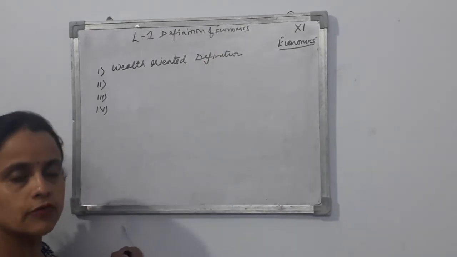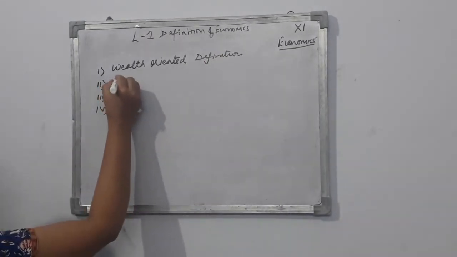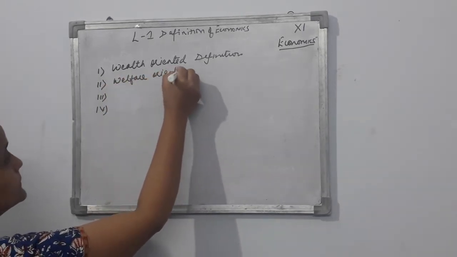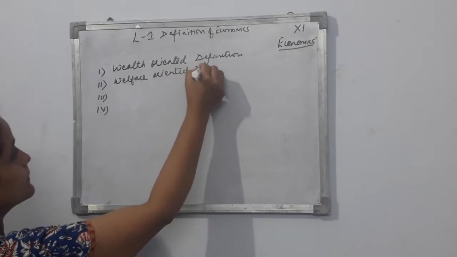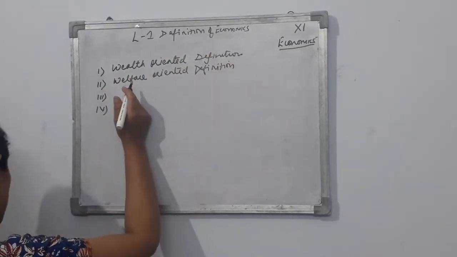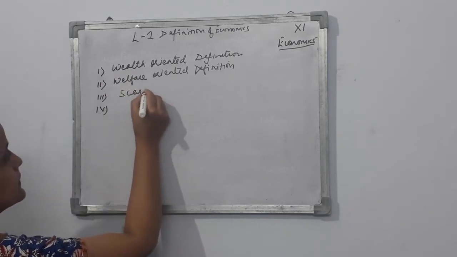Right, this is going to be a first definition which I will teach you as well. Second is going to be your welfare oriented definition. Third is going to be your scarcity.